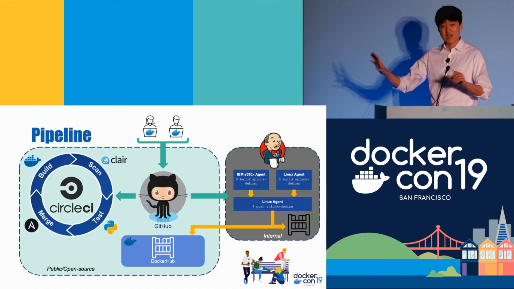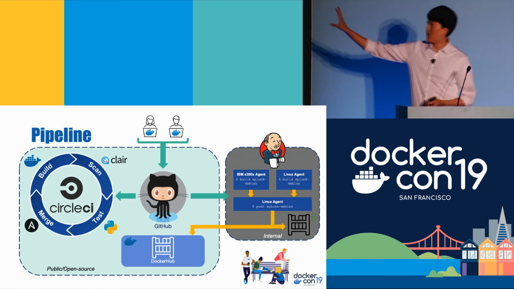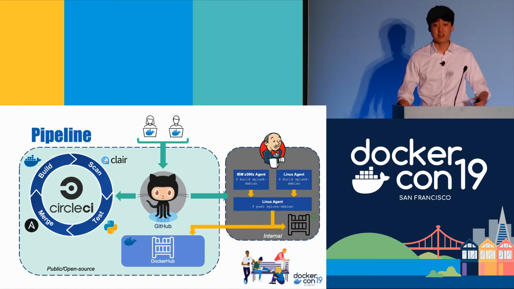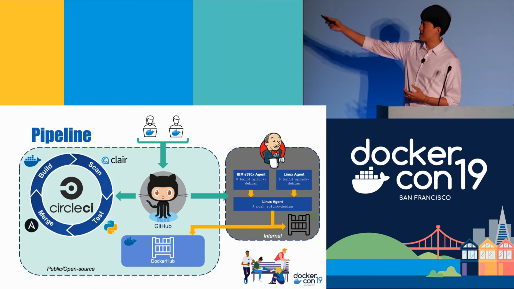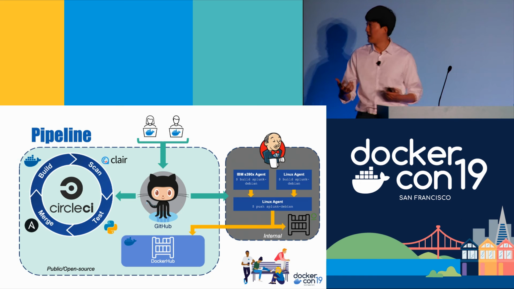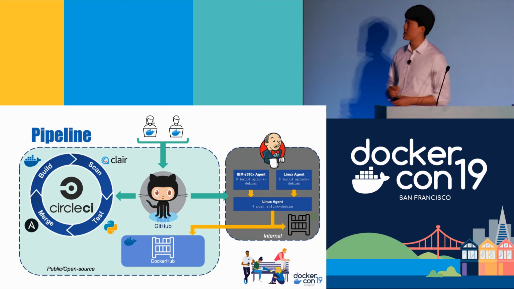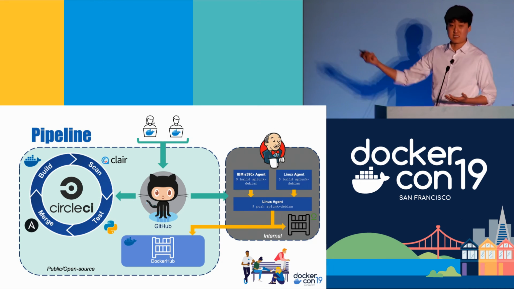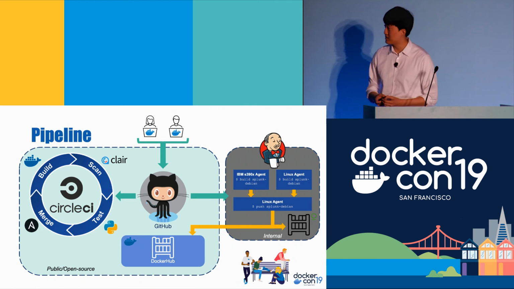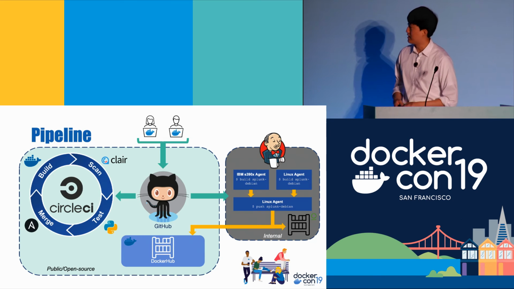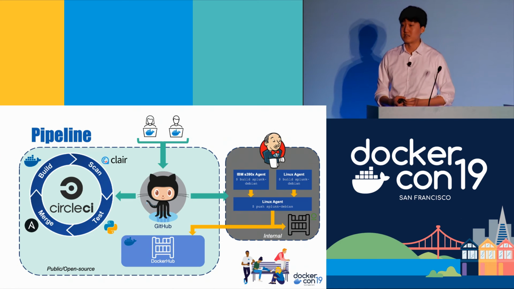So, a very high-level pipeline of how we do this internally. As I mentioned, all the code is on GitHub, all the development and the customer requests are addressed on GitHub. The code change is pushed, the pull request is made, and then CircleCI builds a container with the code change, runs the security scan using the Claire scanner, runs tests that we have with PyTest, and also the Ansible test, and then the code is blocked until all the tests are passing.